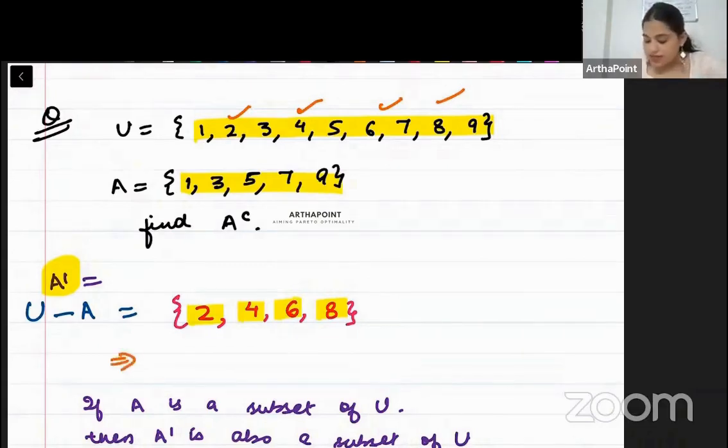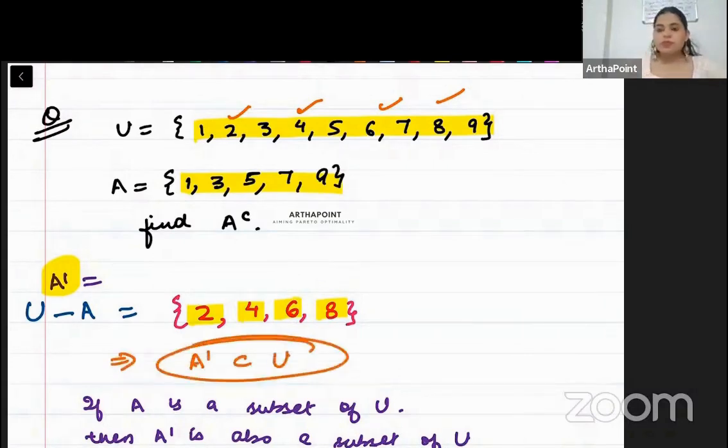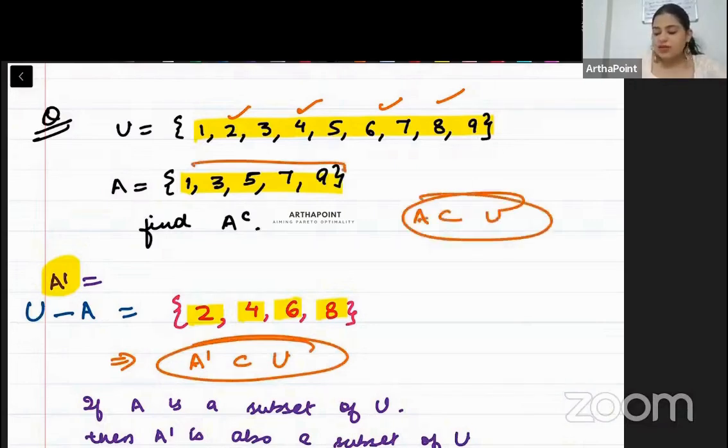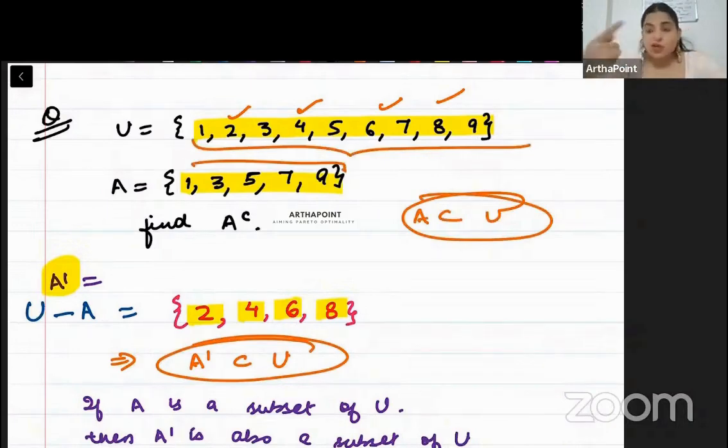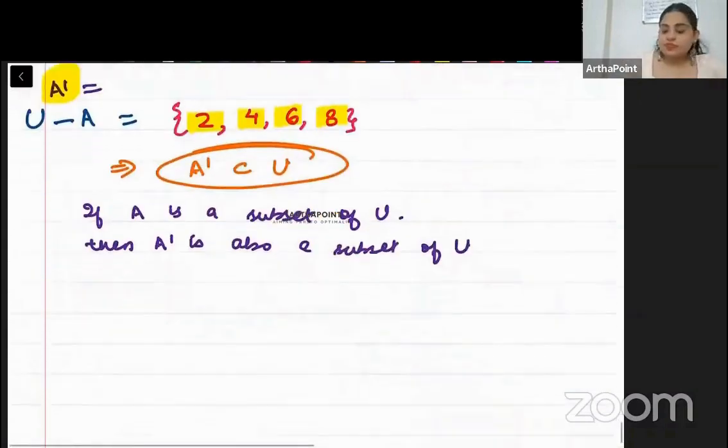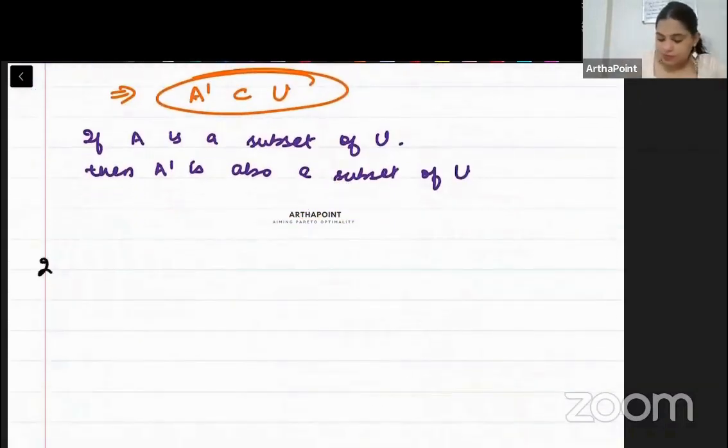So this implies that A complement is a subset of U. A is also a subset of U because all of A's elements were there in U. So when A is a subset of U, A complement will also be a subset of U. That has to be there. Is this clear?